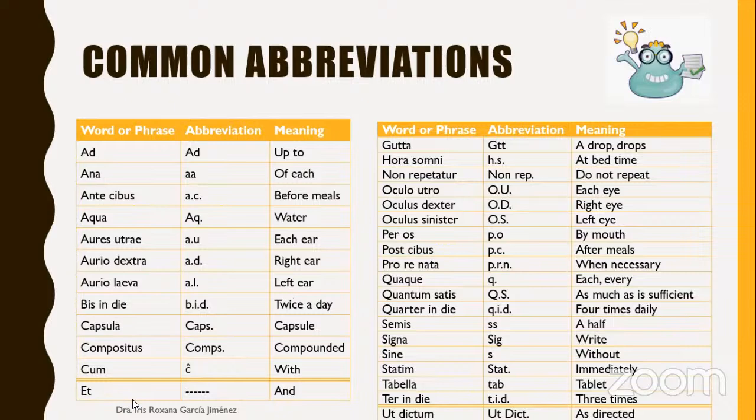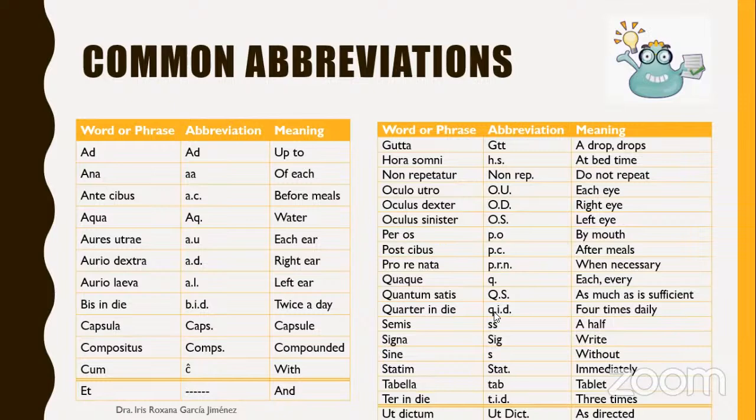We have it, very common while reading. It is, of course, without an abbreviation, that's why we read it. For example, HS, very common, at bedtime, or PO, by mouth, or per os. PRN, very common, when necessary, pro re nata, so take it into account.